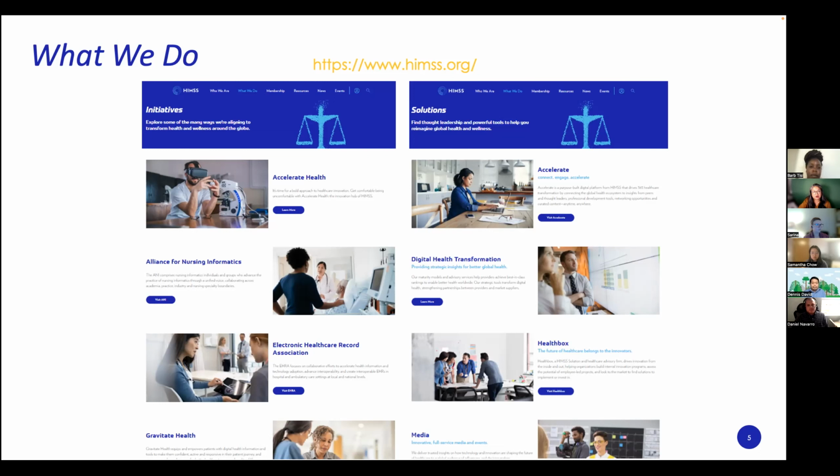Health organizations and vendors come together and create interoperability solutions for certain case studies. You can also check out our different solutions. We have Accelerate Health, which is our form of LinkedIn or Facebook. There's also a job mine site on HIMSS.org where you can see national job opportunities being offered at different organizations. HIMSS is also great for other opportunities such as student scholarships, awards, and certifications, just to name a few. Let's go to the next slide.